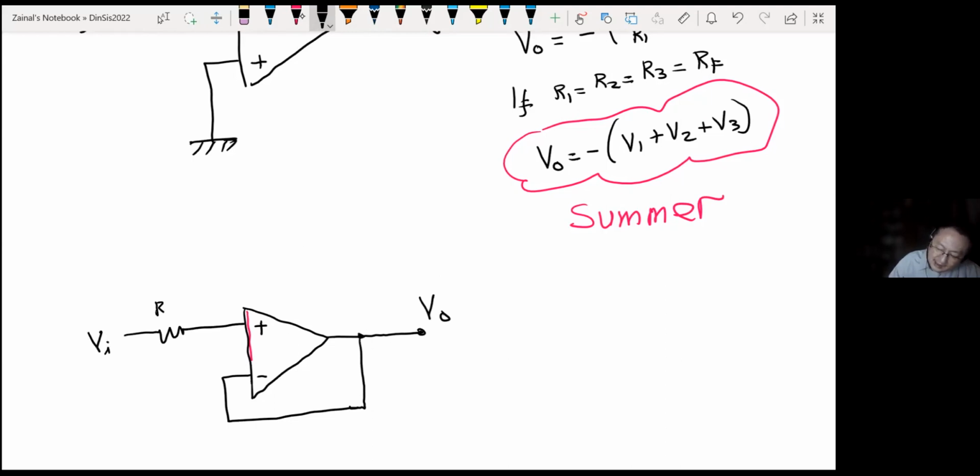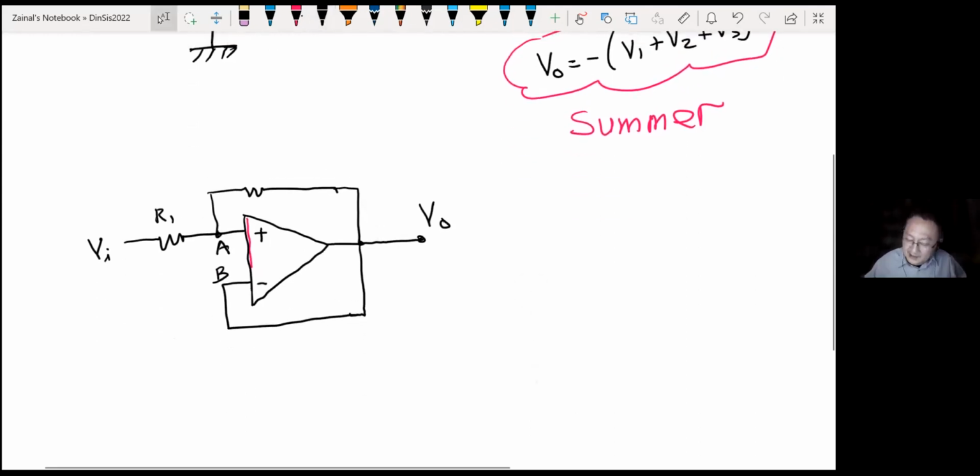VI, R1, this one is RN. Okay, so A is equal to B, right? VA is equal to VB, right?